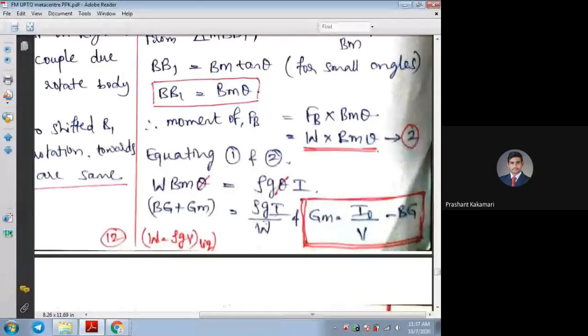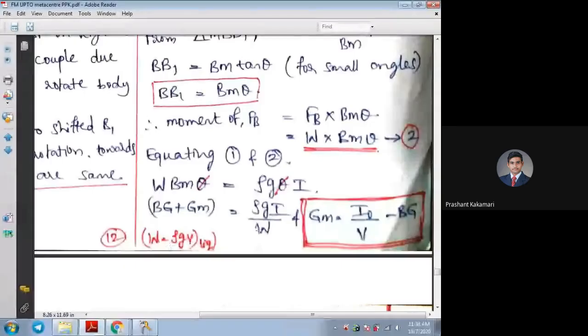So from this, GM, I can write as rho g I minus BG, and in this you can keep it as it is, rho g by W, or I know W as rho g V, so I can write it as 1 by V, because V is W by rho g here.